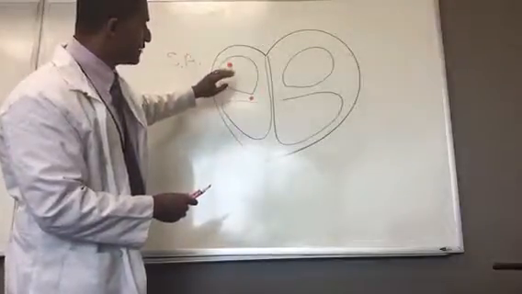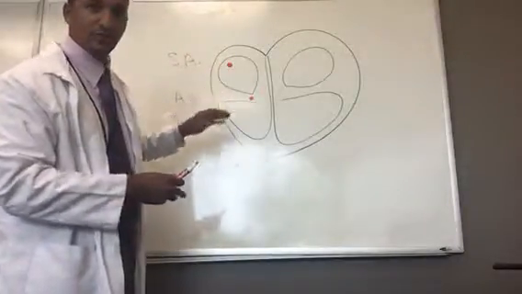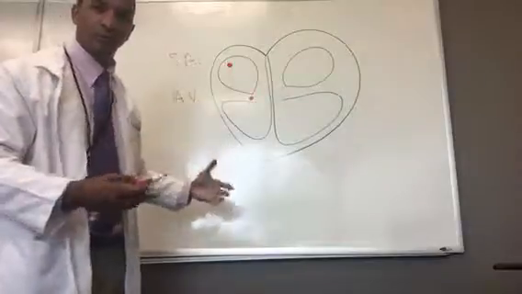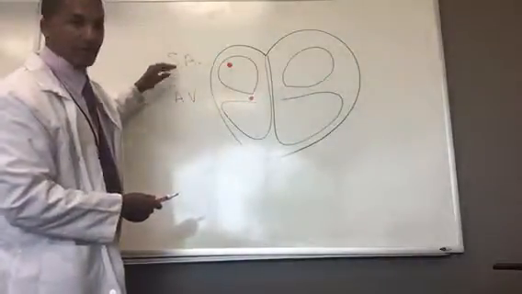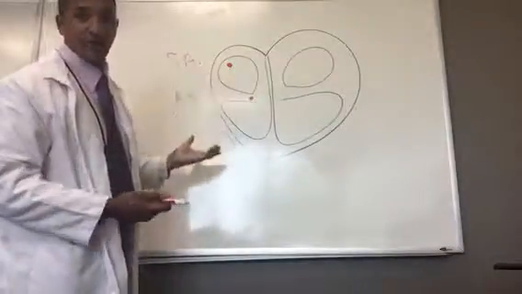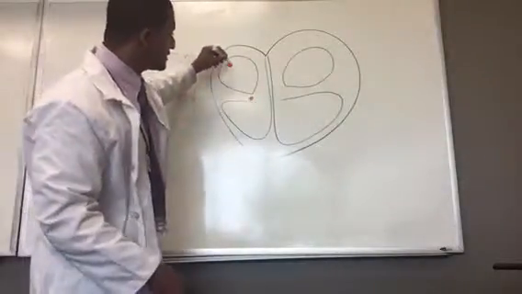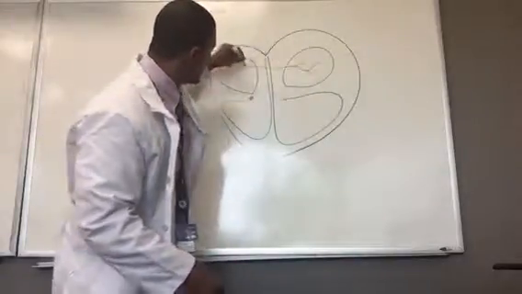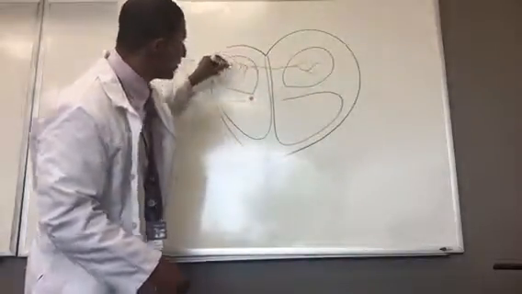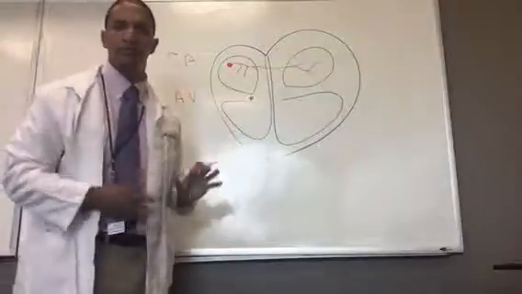But now the next thing we're going to do is start to follow the electrical pathway. What direction are we going here? So the very first step is the SA node has to fire, and the SA node has additional branches that cause the atrium to contract.